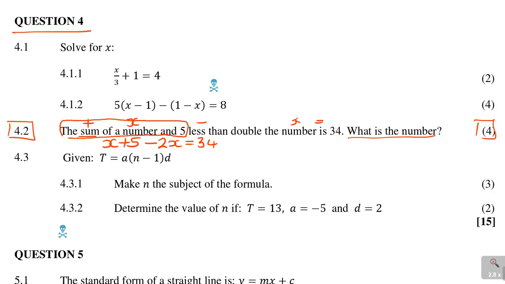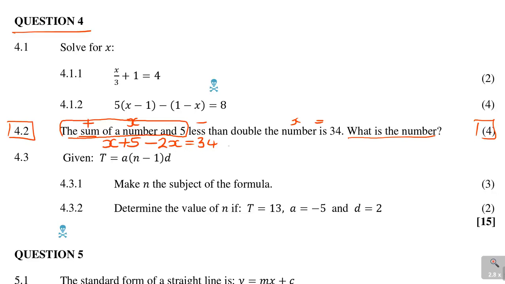So the sum of a number and 5 less, which is minus, double the number, 2x, is 34. What is the number? Then after that, you are solving for x.